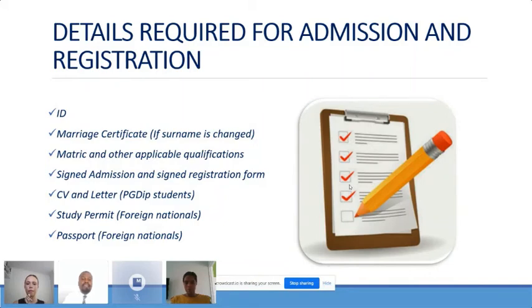In that case, it means that if you don't have your actual matric certificate, we do give you time to go back and collect it while you've given us the statement of results, of course. Furthermore, the signed admission and signed registration form is something that we also need, as well as, if you are a PGDIP student, we do need the CV and the letter from the employer.